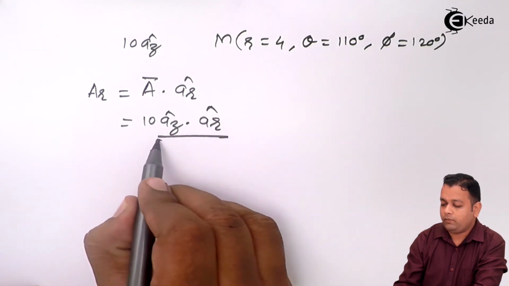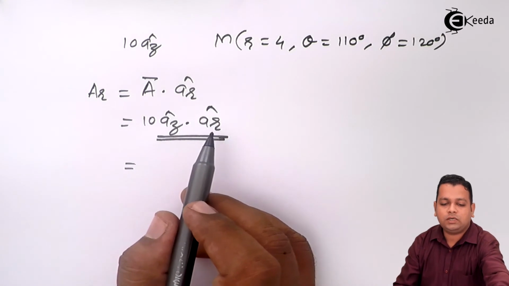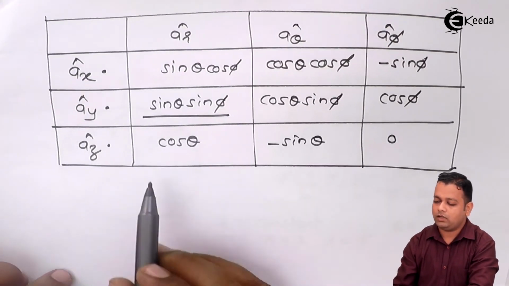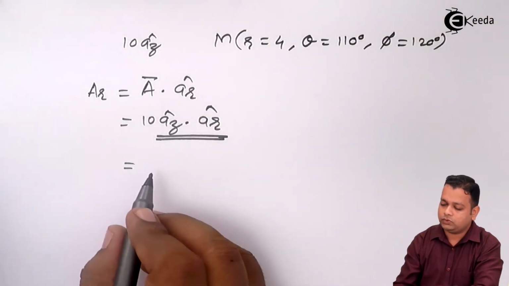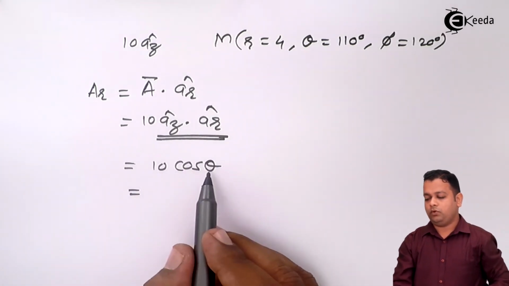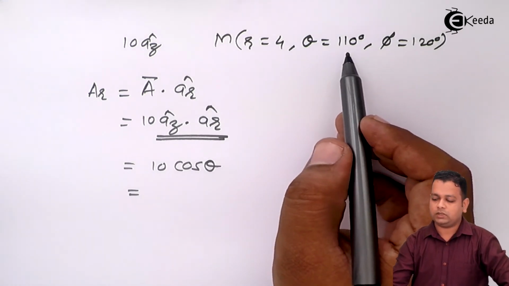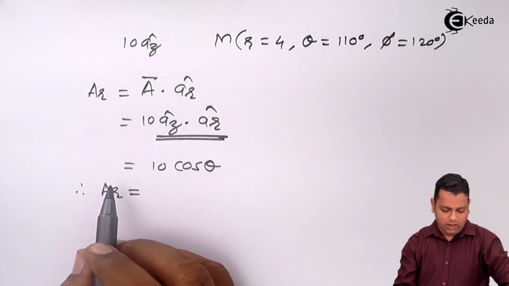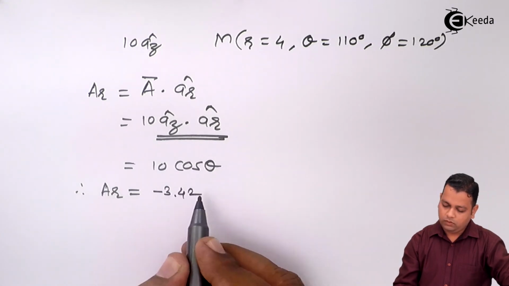So we encounter the dot product combination AZ cap dot AR cap. For AZ cap dot AR cap, we have the value from the chart, cos theta. So let us use this. So it is equal to 10 cos theta. We put the value of theta is equal to 110 degrees. So AR is equal to minus 3.42.